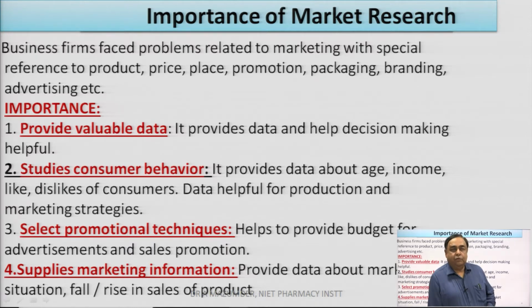It may be related to price, promotion, packaging, branding and advertisement. It may be any particular segment of marketing. Now, whenever they are facing that problem, as I have told you at the very beginning, marketing is a way to create a brand image by the process of customer satisfaction. So, in marketing, customer satisfaction is of utmost priority.